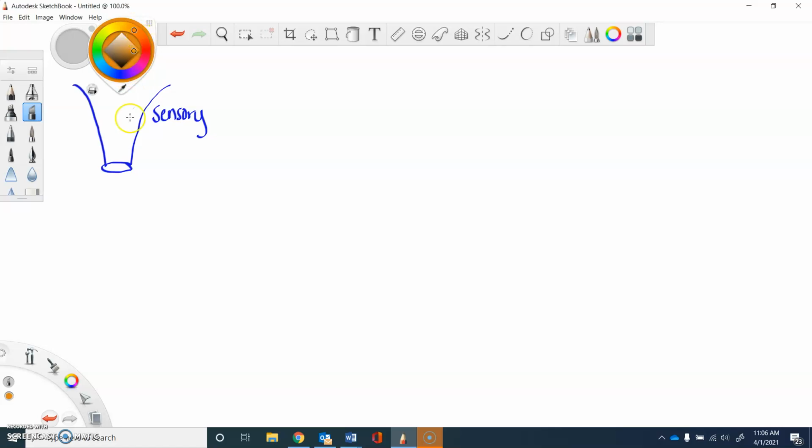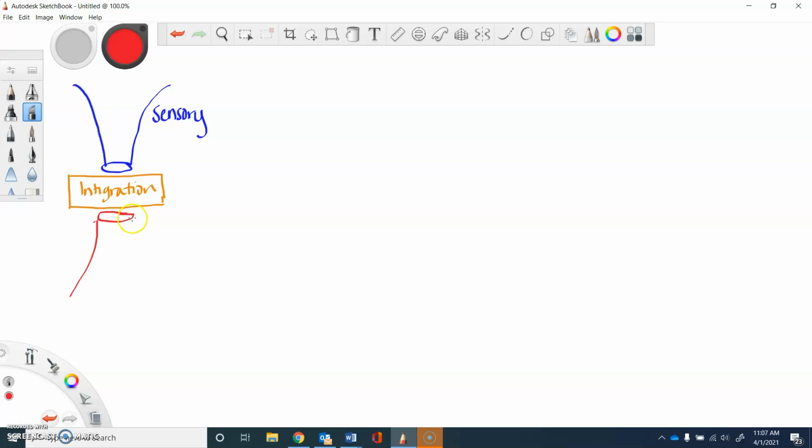We have an integrating center, a place where information is processed. Call it integration. And then we have a response. And this is motor.